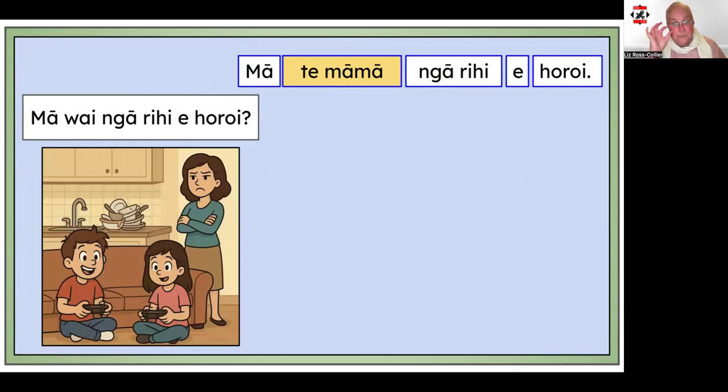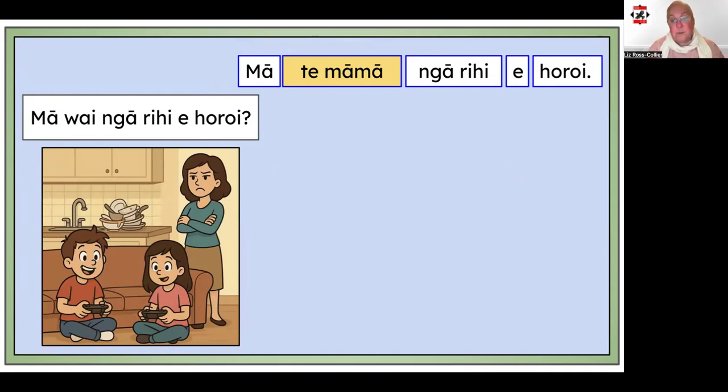Let's do another one. The question here is mā wai ngā rihi e horoi? Who will wash the dishes? One possible answer is mā te māma ngā rihi e horoi. The mum will wash the dishes. Let's have a think about what the children might say. If you'd like to have a go at writing the responses yourself, pause the video now.